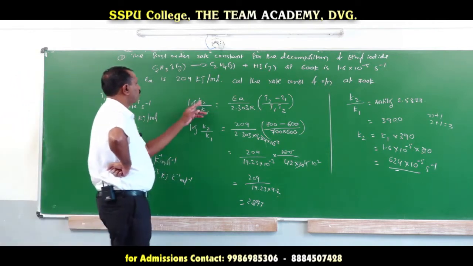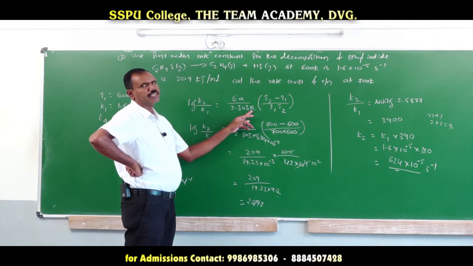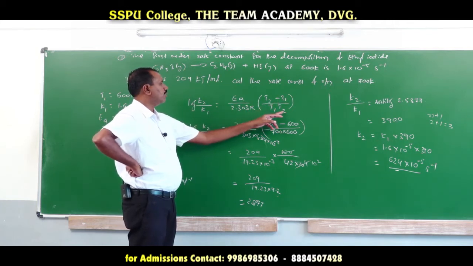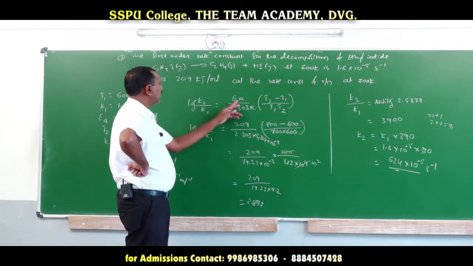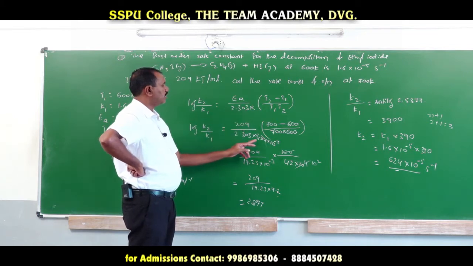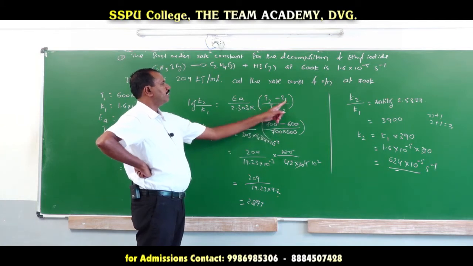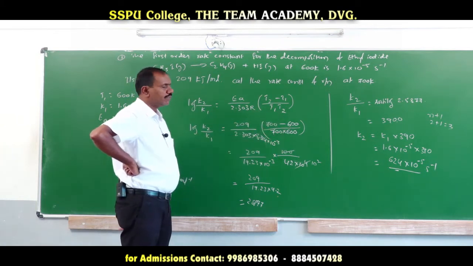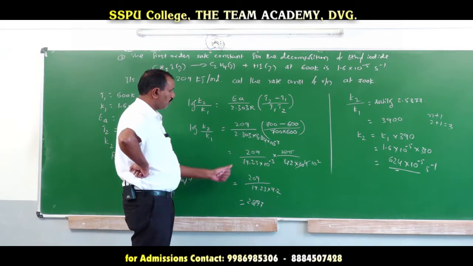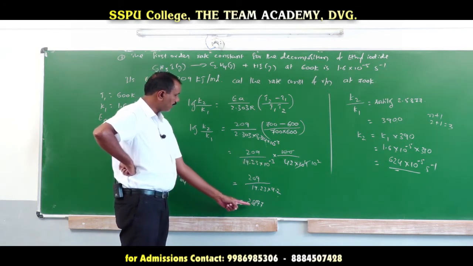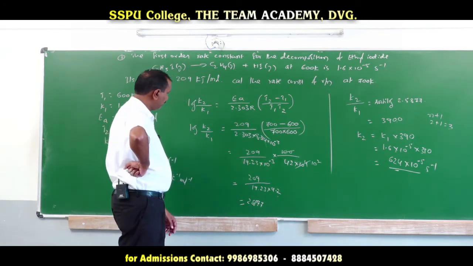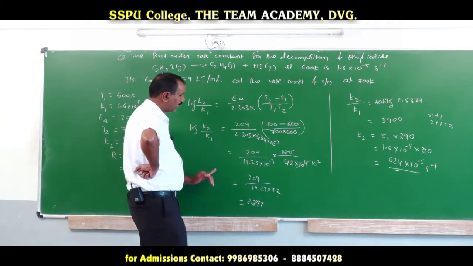Then log K2 by K1 equals Ea by 2.303 R into (T2 minus T1) divided by T1 T2. Ea is 209, R is 8.314 into 10 to the power of minus 3, T2 is 700, T1 is 600, divided by 700 into 600. Finally we get the value 2.5877, that is log K2 by K1.